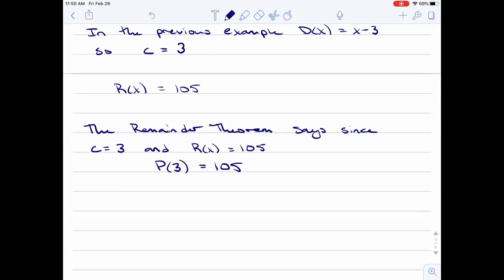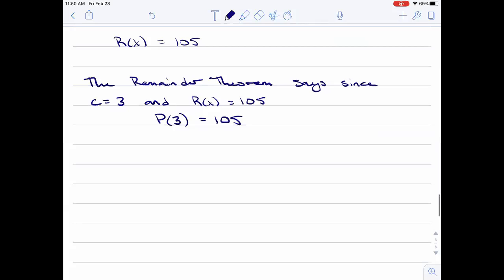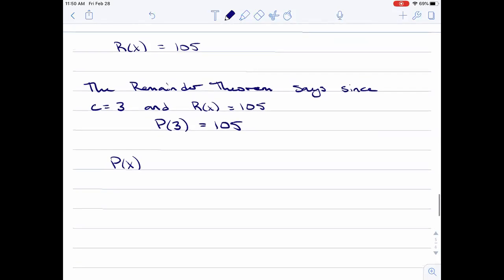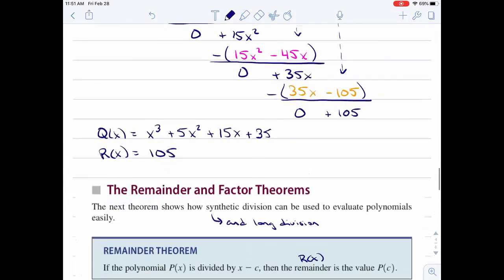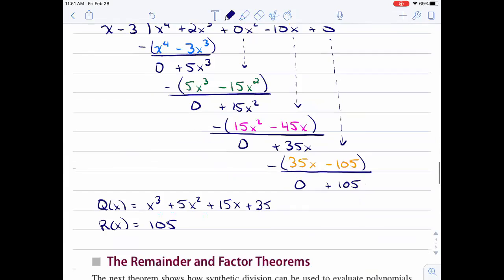We can check this, right? P of x, remember, was what? That's right. Then the answer will be 105, which we'll check. So here, p of x was x to the power of 4 plus 2x to the power of 3 minus 10x, right? That's the one we just did.